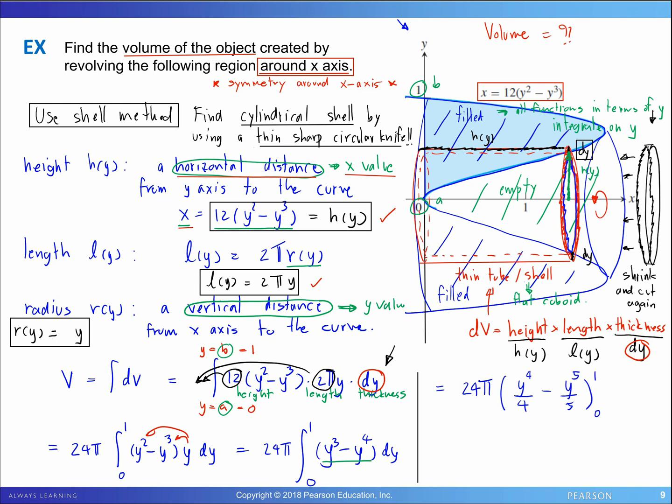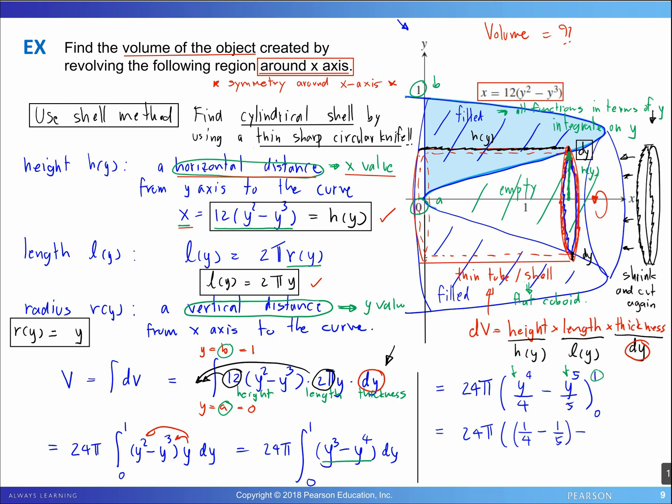Final step, 24 pi is still here. And now the end point goes in. 1 goes in right here and right here. So we have 1 divided by 4 minus 1 over 5. These two are evaluated at the end point.